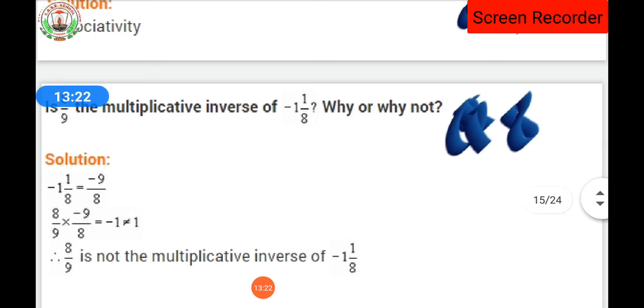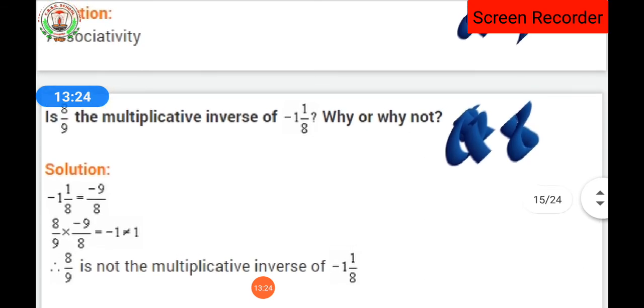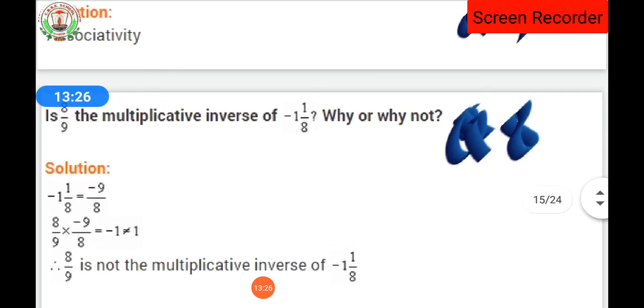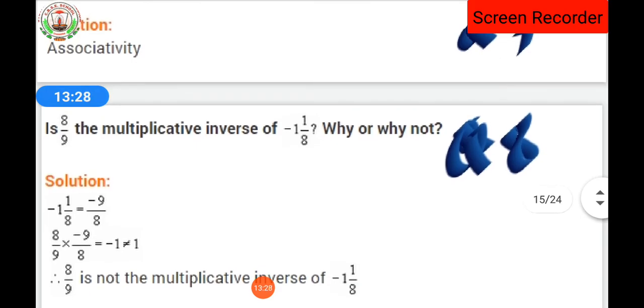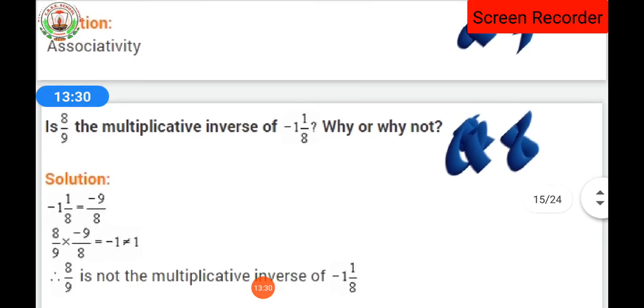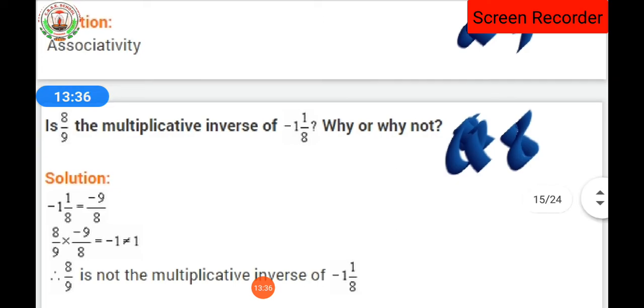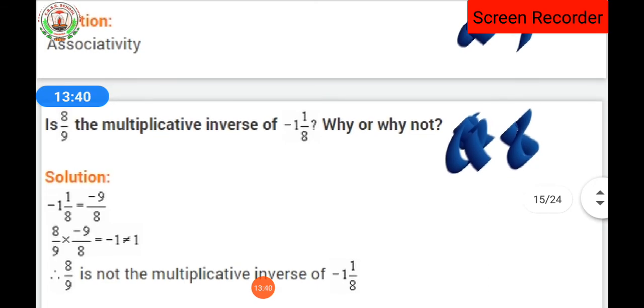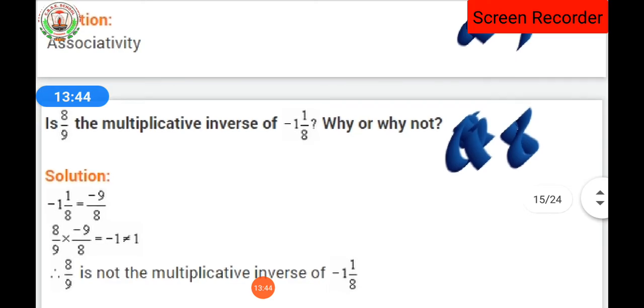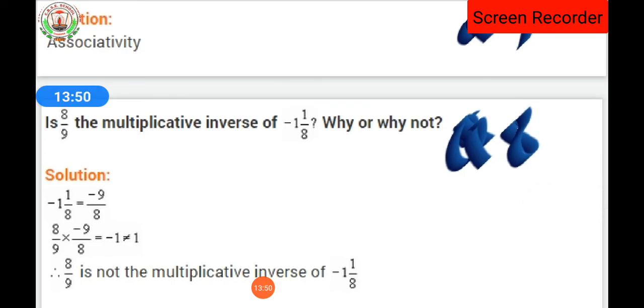Solving the reciprocal of 8 upon 9, we will get minus 8 upon 9. Okay, so here we are getting minus 1. As we know, minus 1 is a negative number, and 1 is a positive number. So negative LHS and positive RHS will never be equal, isn't it? Hence we can say that 8 upon 9 is not the reciprocal or multiplicative inverse of minus 1 by 8.